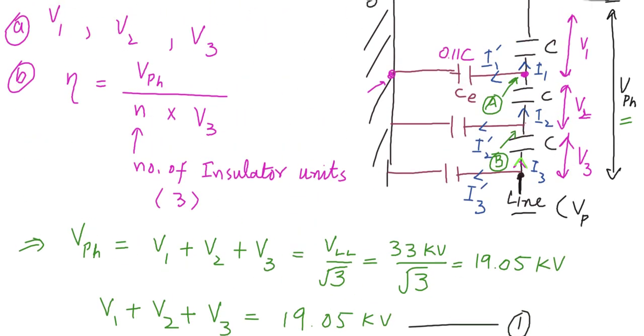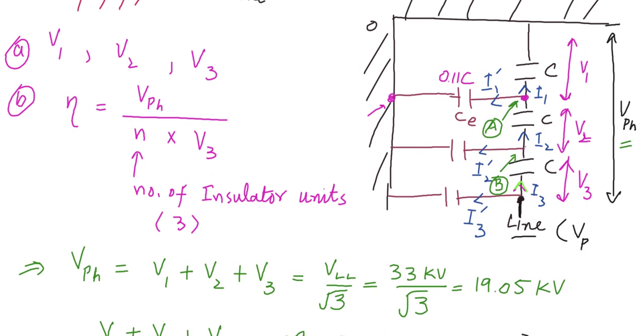Okay. Now I will apply KCL, Kirchhoff's current law, at node A. As you can see here, at node A, my entering current is I2 and my leaving currents are I1 and I1 bar.